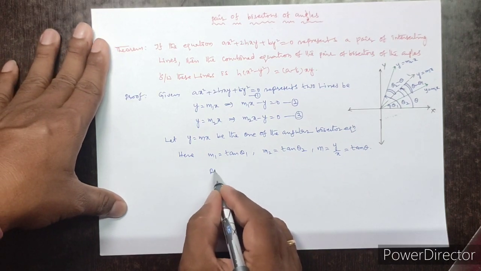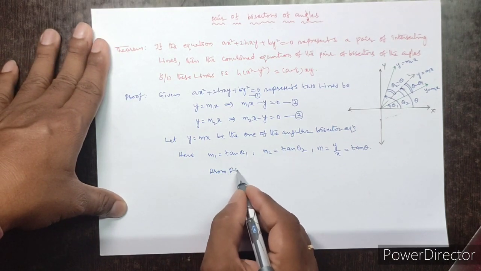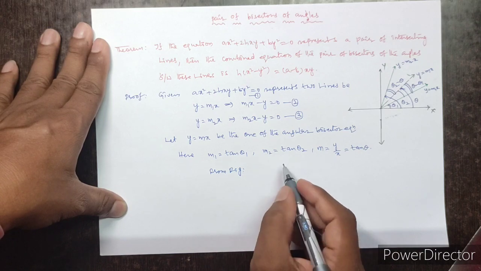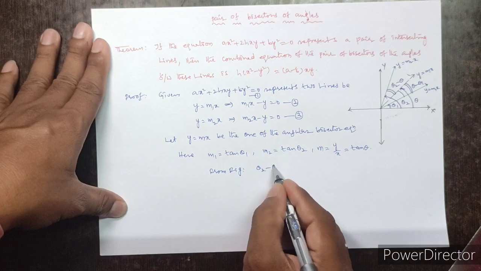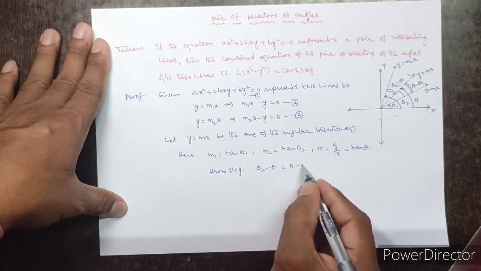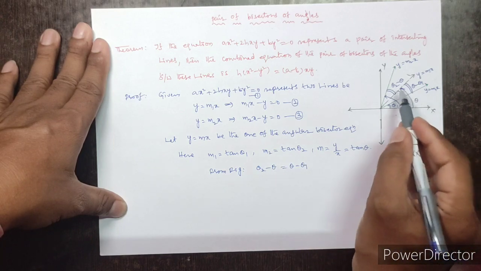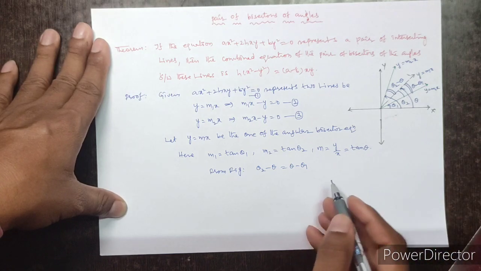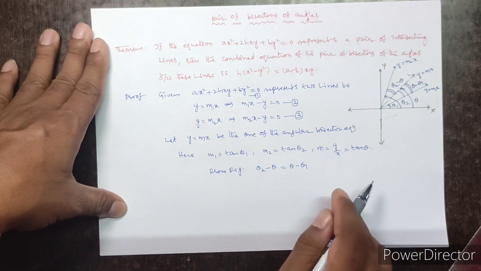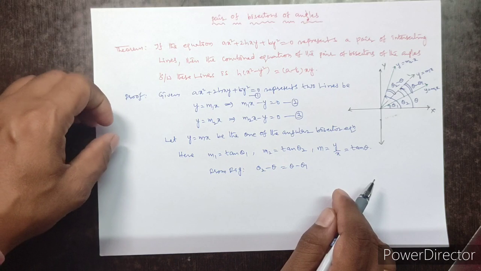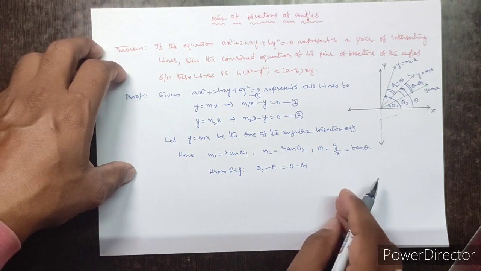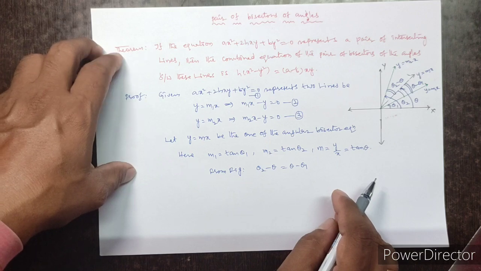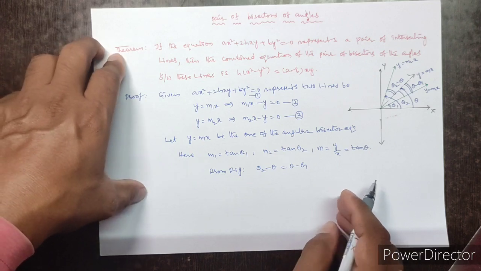From the figure, theta 2 minus theta equal to theta minus theta 1, these two angles are equal because this is the angular bisector line making an angle with y equal to m2x and y equal to m1x.